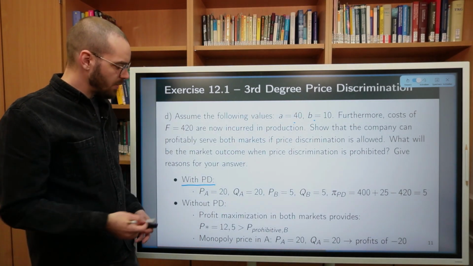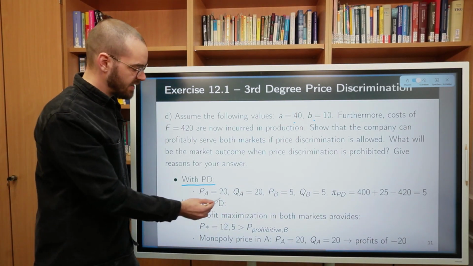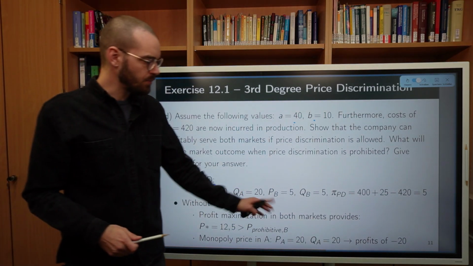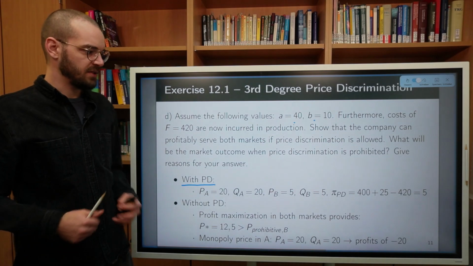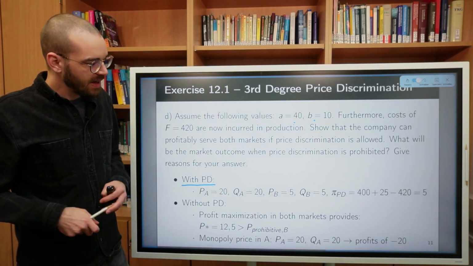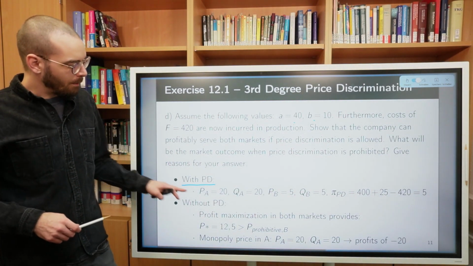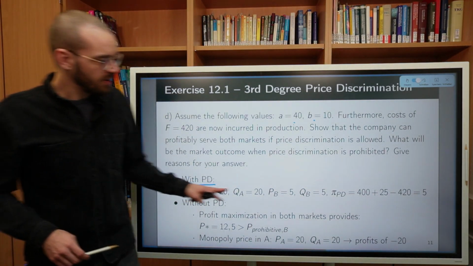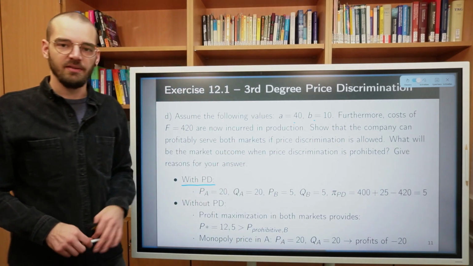So the equilibrium price in this scenario in market A would be 20, the quantity would be 20 as well. In market B, price and quantity both would be equal to 5. That implies that the combined profits of the monopolist in this scenario turn out to be 425.